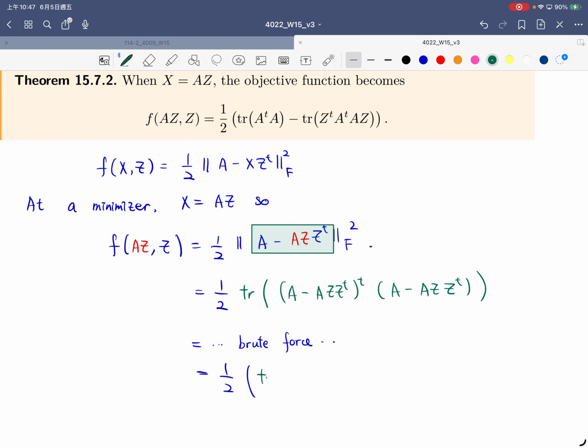So it's really trace of A transpose A, minus trace of Z transpose A transpose AZ. There's nothing intelligent in the middle. Just spell out that bracket and then use the fact that trace is linear, and you realize that there are a lot of terms that will get cancelled.